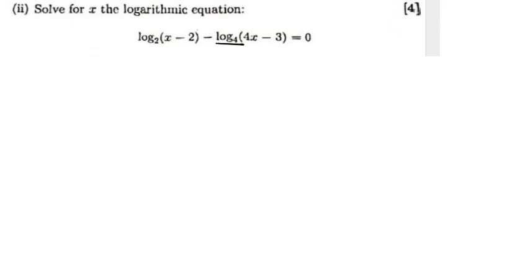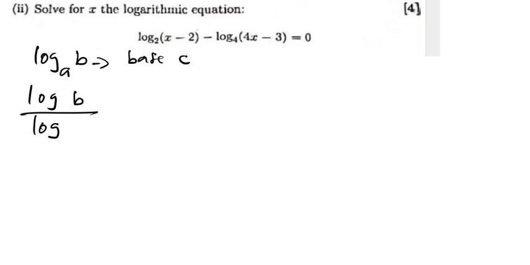So we change from base 4 to base 2. If you have log base A of B and you want to change it to base C, it goes like this: log base C of B divided by log base C of A. So the base, you put it here.